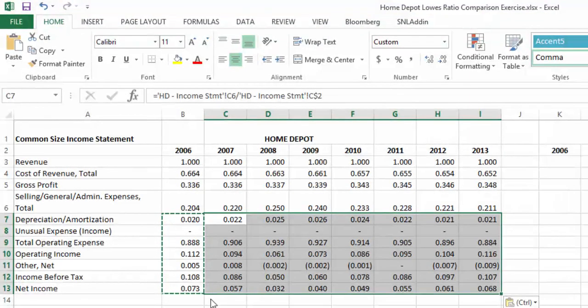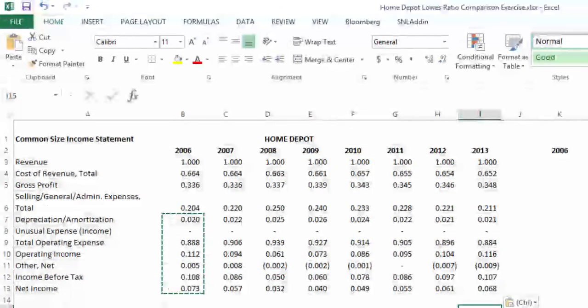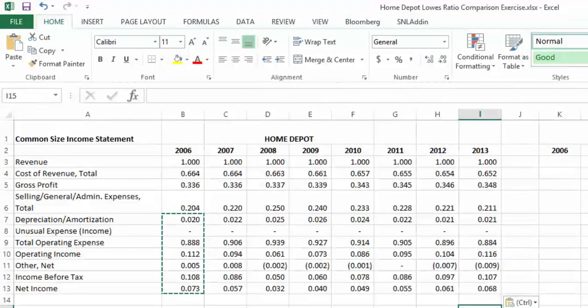The profit margin went down quite a bit during the recession, and it's on its way back up. It hasn't quite recovered to the 2006 margins, but we're getting closer, and we might expect in 2014 that we'll be there. So that is the common size income statement.